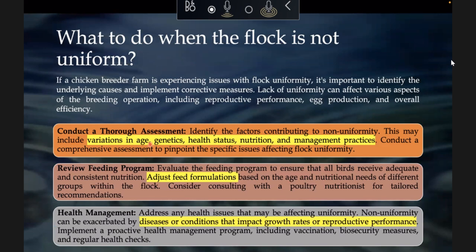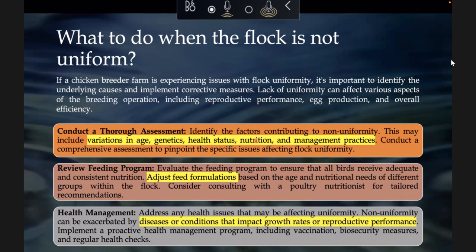So there may be some management variation between these two sections, so the flock may become ununiform. In those cases the management can differ, and if they are using different kinds of feeds in different portions of the shed, then there will be a problem related to nutrition, and the birds may not become uniform.